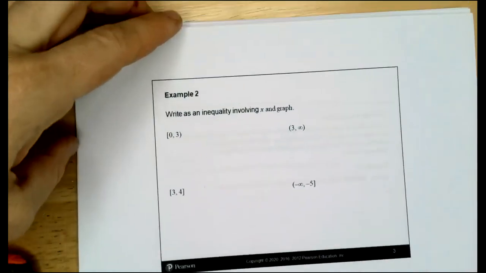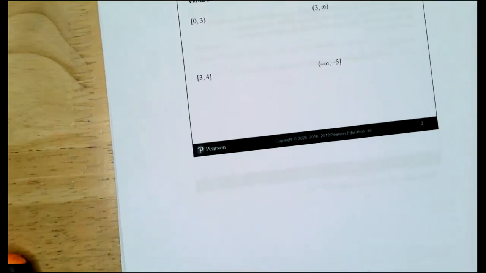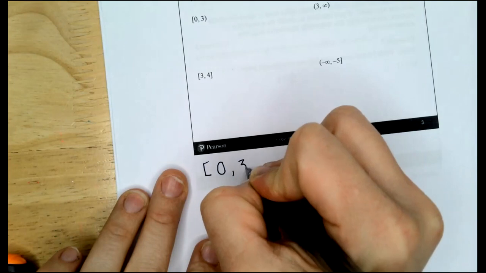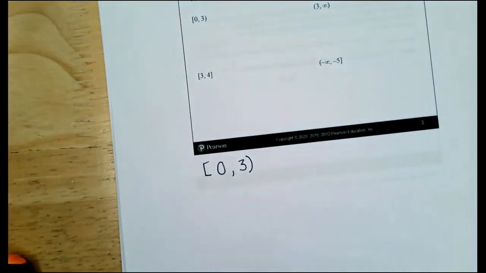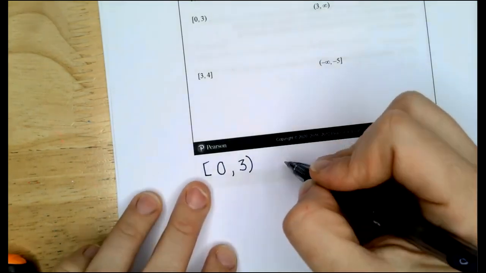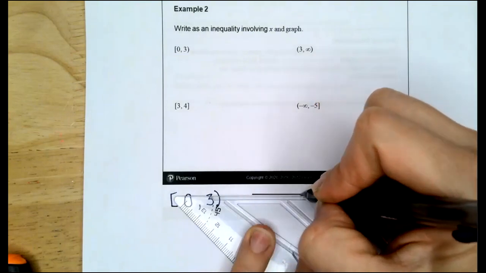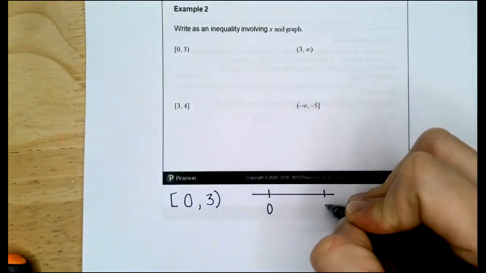Example 2 asks us to write as an inequality involving x and then to graph it. So again, I'm going to come down here. First example is 0 to 3. The 0 has a bracket, but the 3 has a parenthesis. So that looks easy to graph. I need a graph with the number 0 and the number 3.